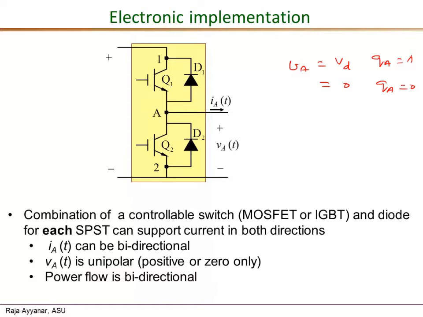Okay? So it means that the power flow can be in either this direction P, or it can be in the opposite direction. All we need is the appropriate load or the source on either side, and then by suitable control of this switching signal Q, we can control the power flow in either direction.